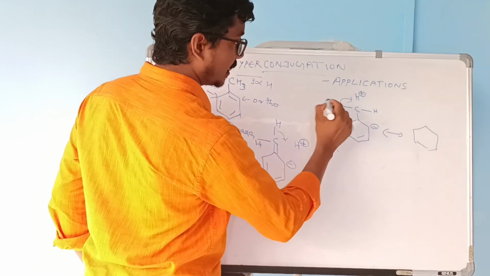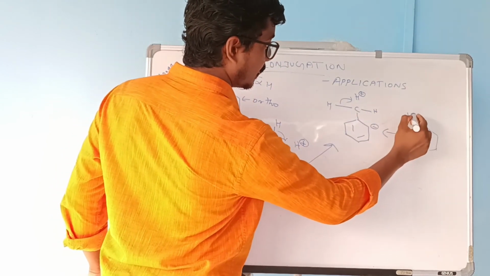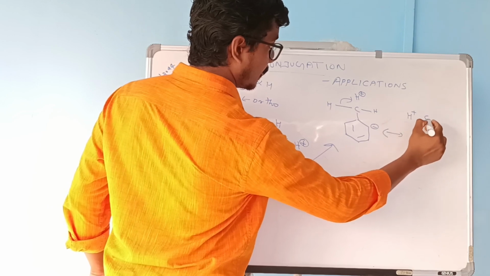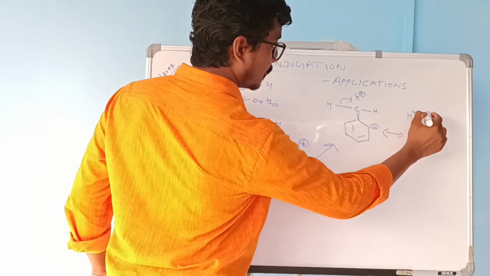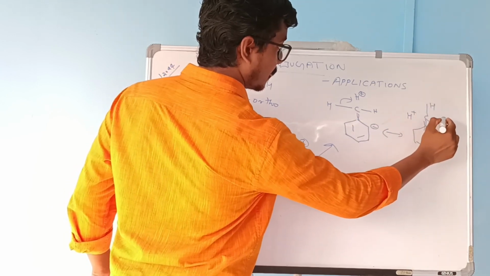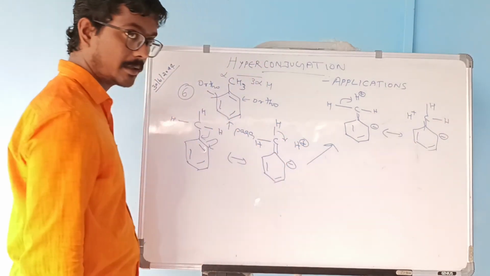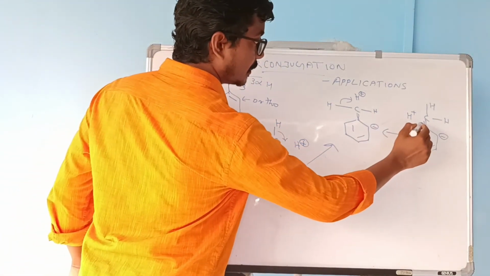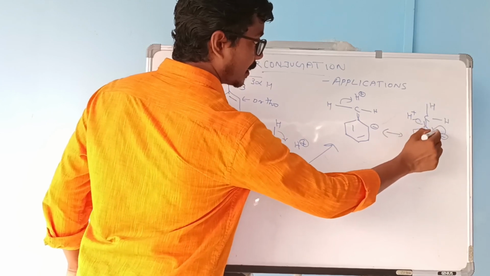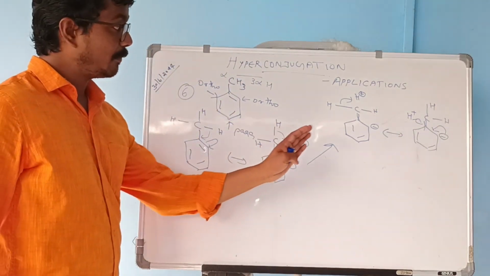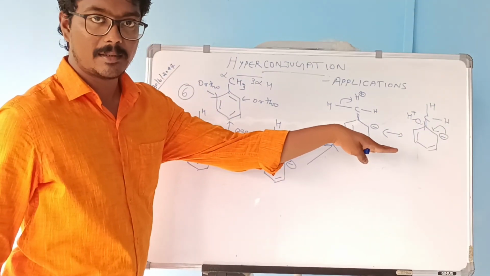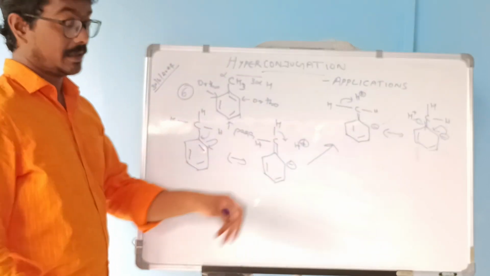Finally this will come here and this will come here. These are the hyperconjugative structures of toluene.